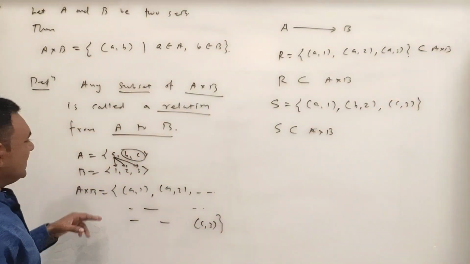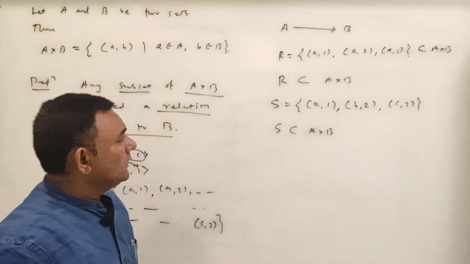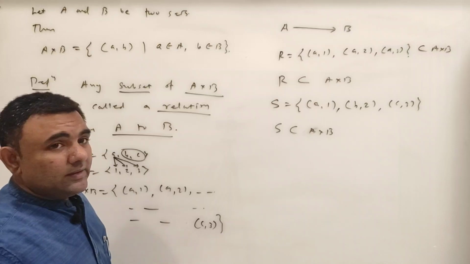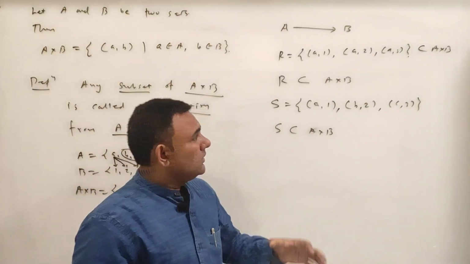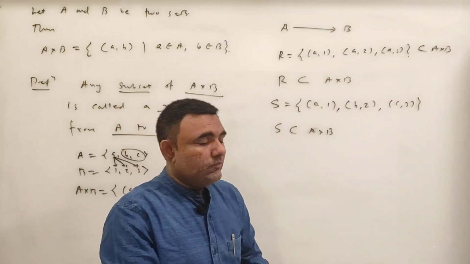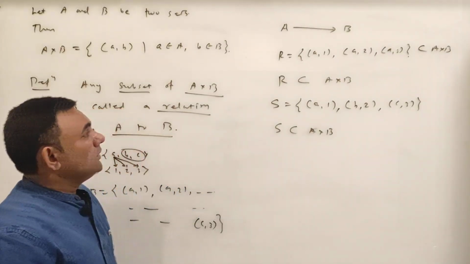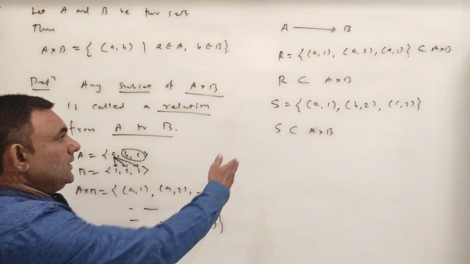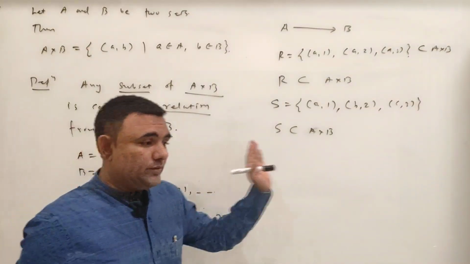And we can also say that each element is related to exactly one element, but which element, we don't know. Meaning there are some rules, sometimes it may be hidden, but whenever you construct the subset, you have some rule for the selection of elements of that subset. So here R and S are examples of relations from A to B.